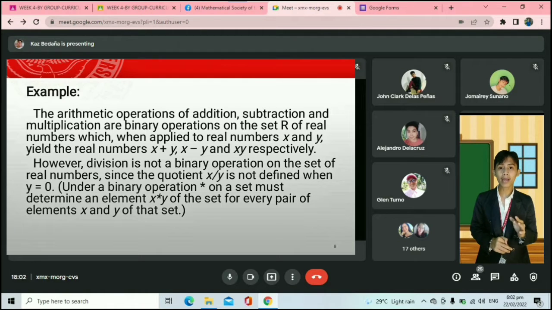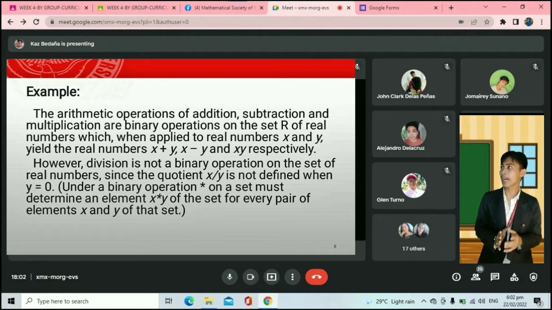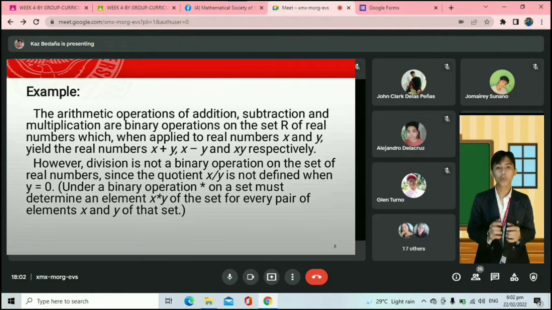Division is not a binary operation on the set of real numbers, since the quotient of x and y is not defined when y is equal to 0.